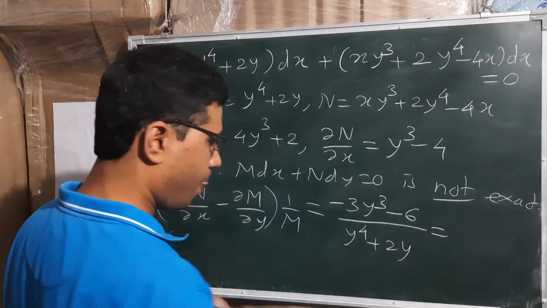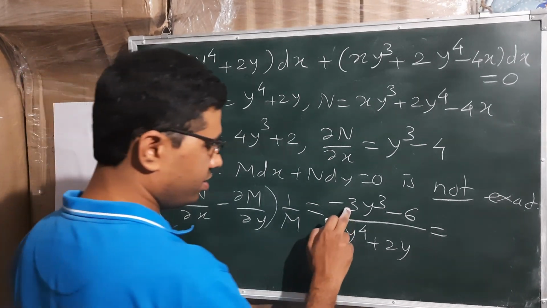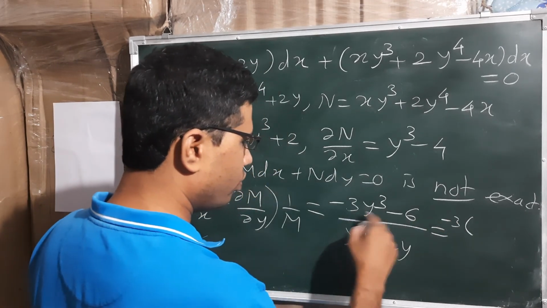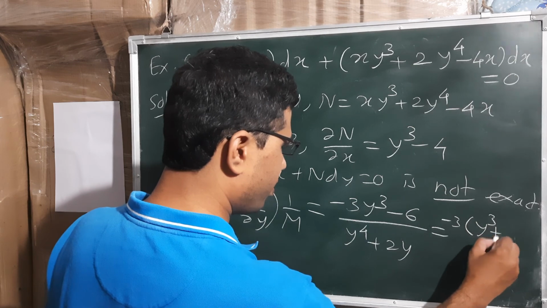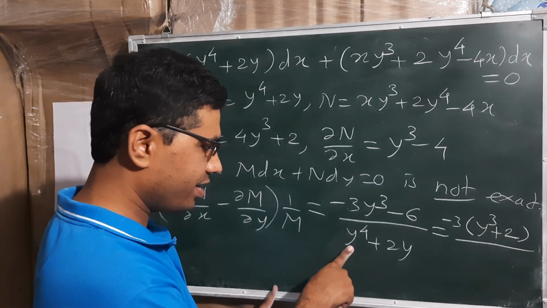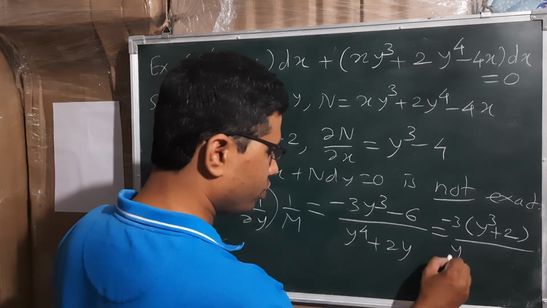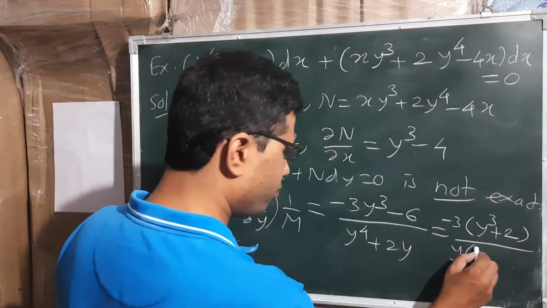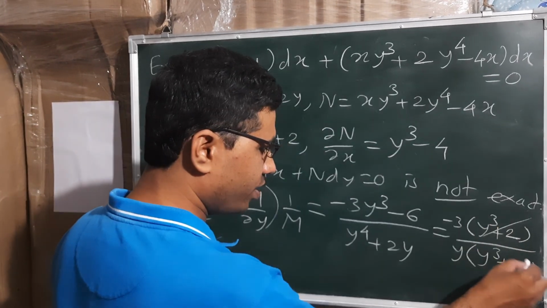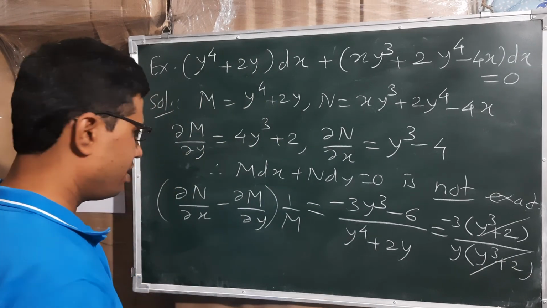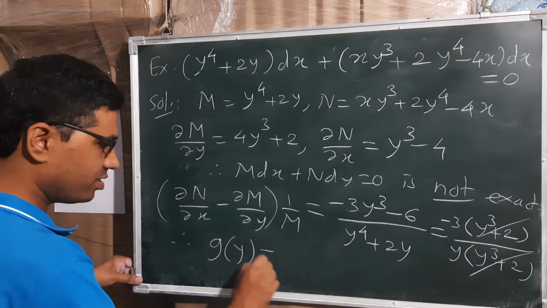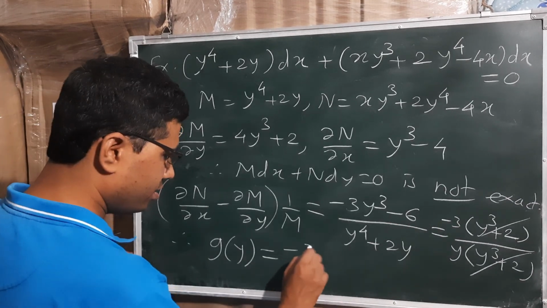So here we take minus 3 common, so minus 3 into y cube plus 2. In the denominator we take y common, so it is y into y cube plus 2. So the term y cube plus 2 gets cancelled, and this is a function of y only, say g of y, it is minus 3 upon y.